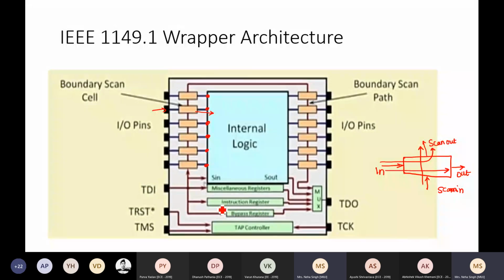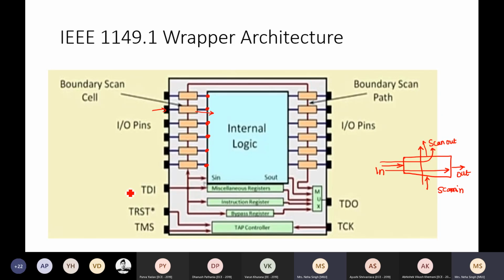If the instruction says that it is to test IC2, it will set the mode of IC1 to bypass the signal and the mode of IC2 to test or use that signal. Then IC3 again bypass, IC4 again bypass. So that will be set according to the instructions. Also, there are some other registers to set this data.